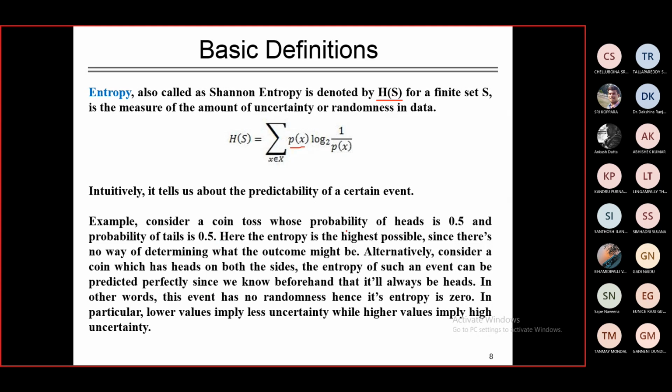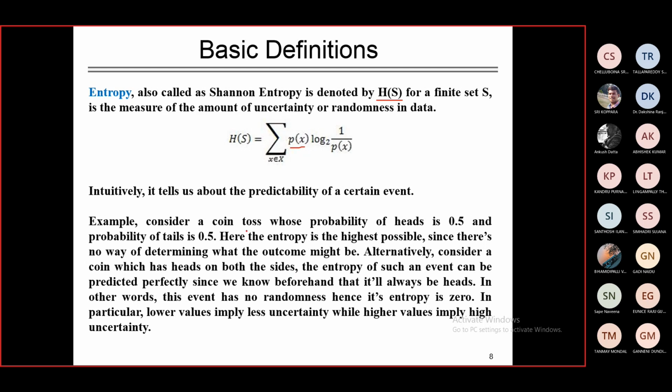Because the probability of heads is 0.5 and probability of tails is 0.5, the randomness or uncertainty is very high. Therefore, the entropy will be 1.